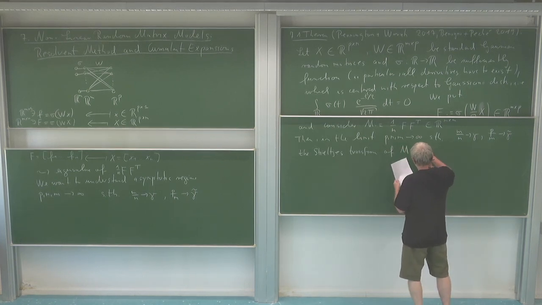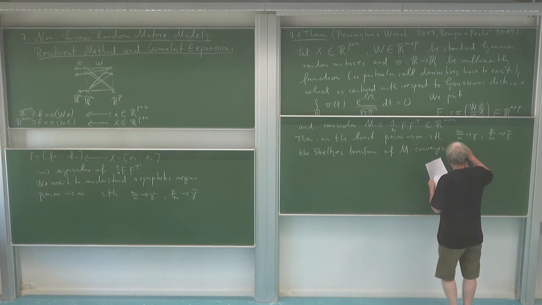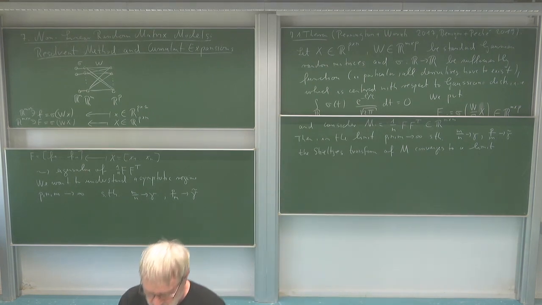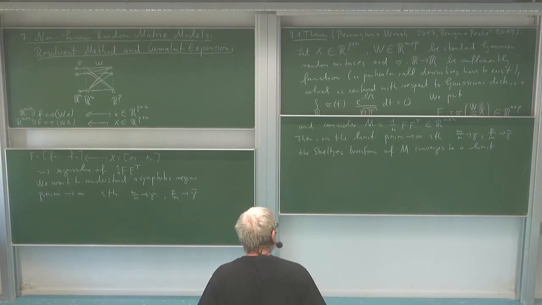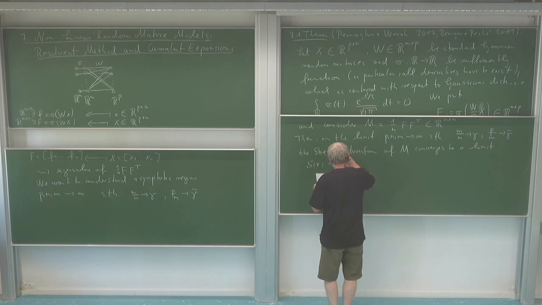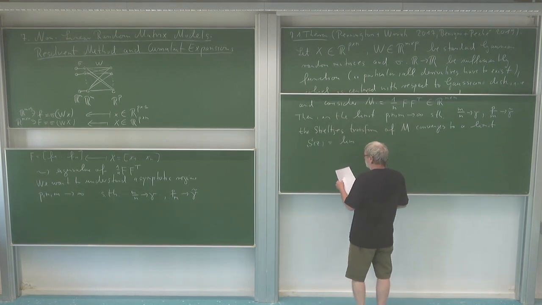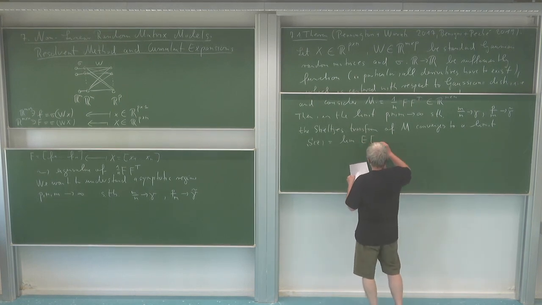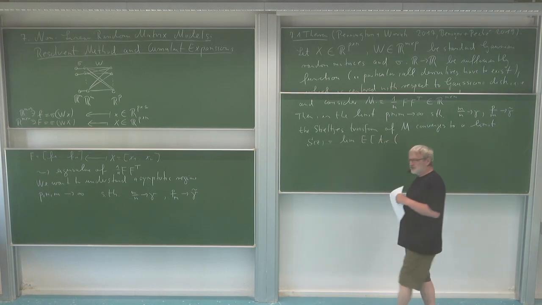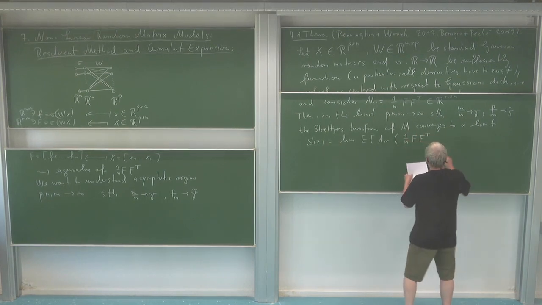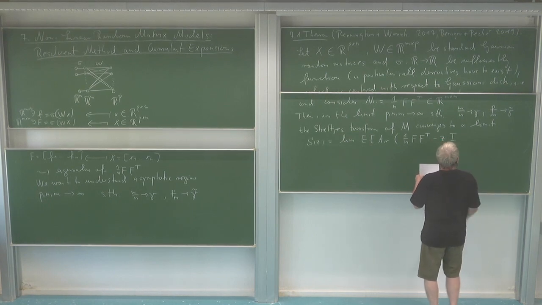This converges to a limit which I call S, and for which one can write down an equation. So let me say S of Z. This is the limit of the Stieltjes transform, and let me write here explicitly what the Stieltjes transform is. This is the expectation of the trace of the resolvent of the matrix. And now the matrix is this M, so this is 1 over n F F transpose minus Z times the identity.